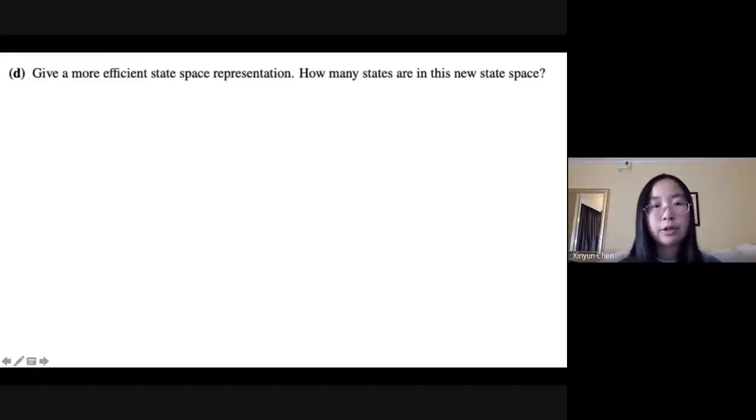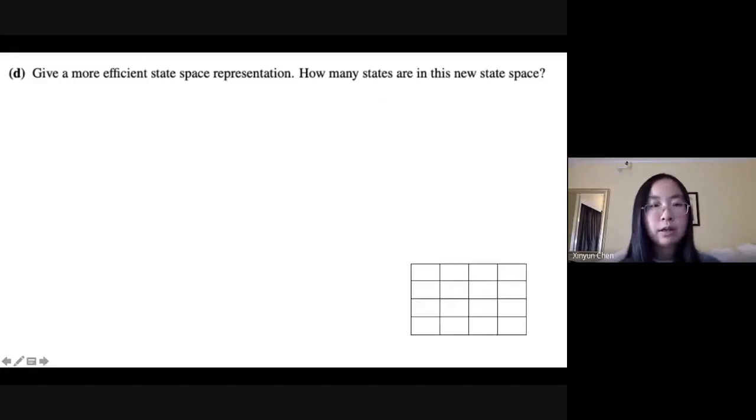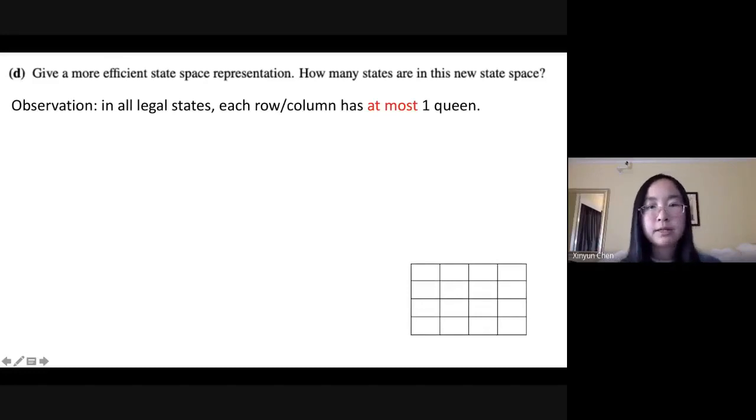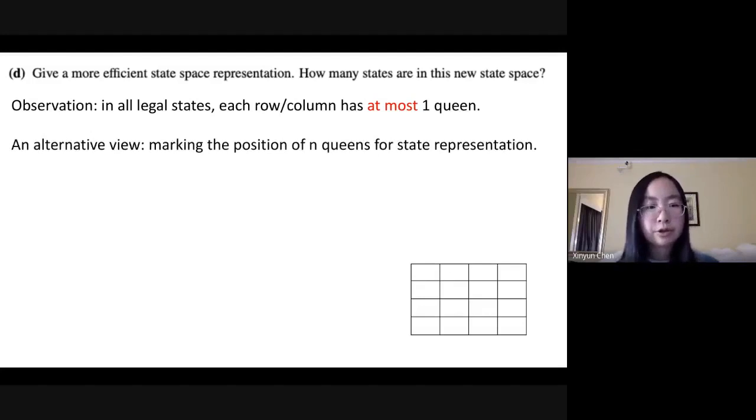And also, an important observation is that in all legal states, each row or column will have at most one queen, or otherwise the queens will attack each other. So following this observation, an alternative way to design the state space is to mark the position of n queens for state representation instead of marking the presence of queens for each grid.